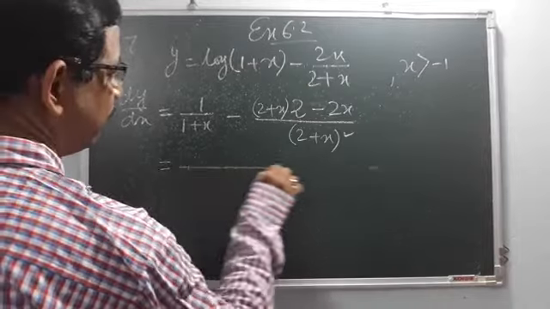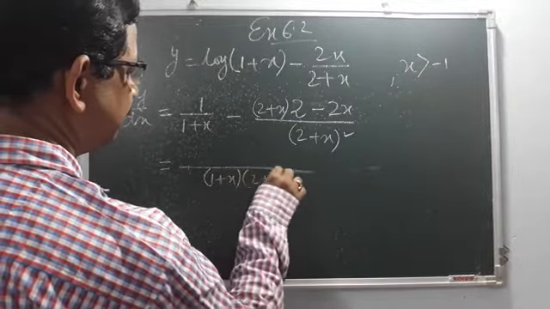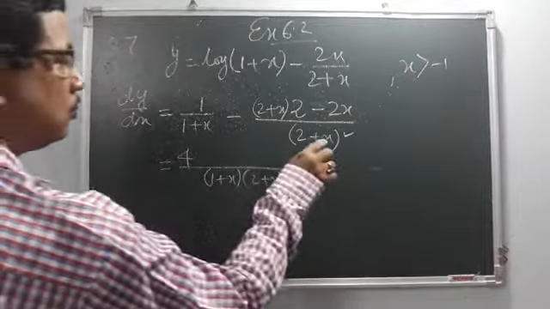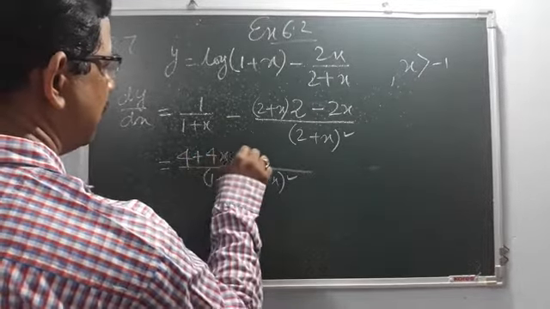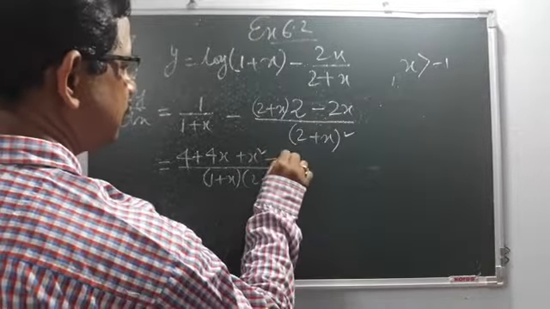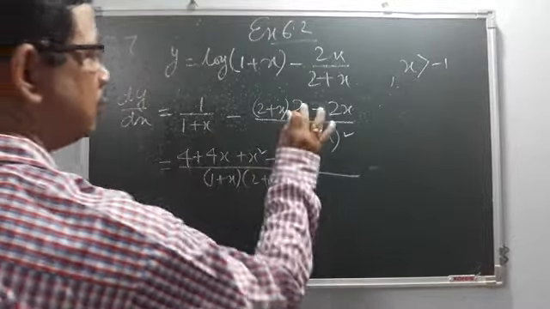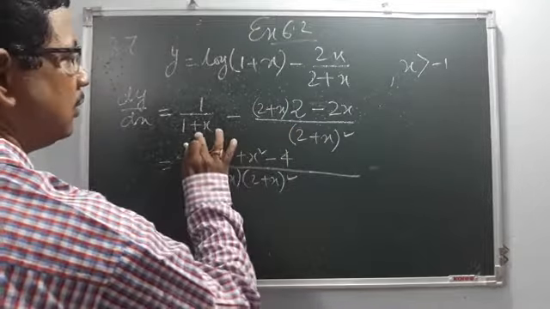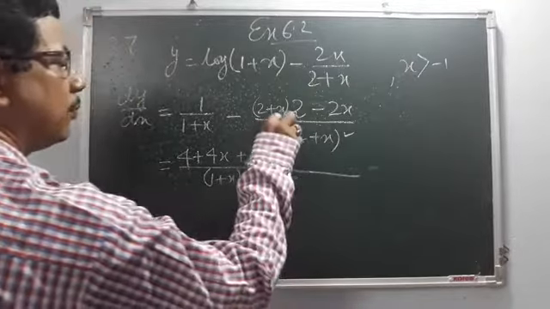Now if we take the LCM, you will write 1 into (2 plus x) whole square, expand it: 4 plus 4x plus x square, minus 4 times (1 plus x). So we write this into that and this into that.